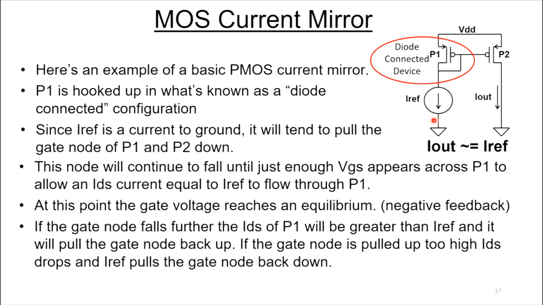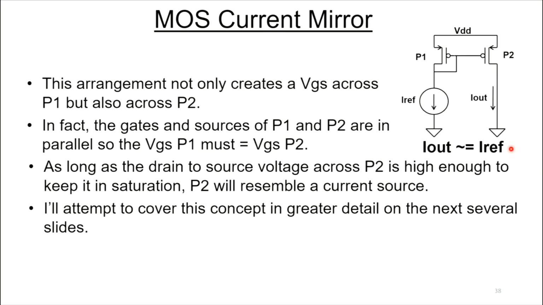It's a little hard to explain, but you can kind of see there's going to be a negative feedback in here, where P1 is going to turn itself on, or self-bias, to just the right voltage so that you can pull the reference current through it. So this arrangement not only creates a VGS across P1, it also creates that same VGS across P2, because P1 and P2 are hooked in parallel.